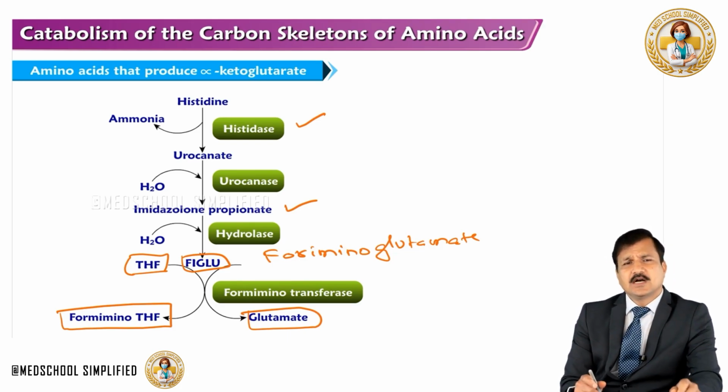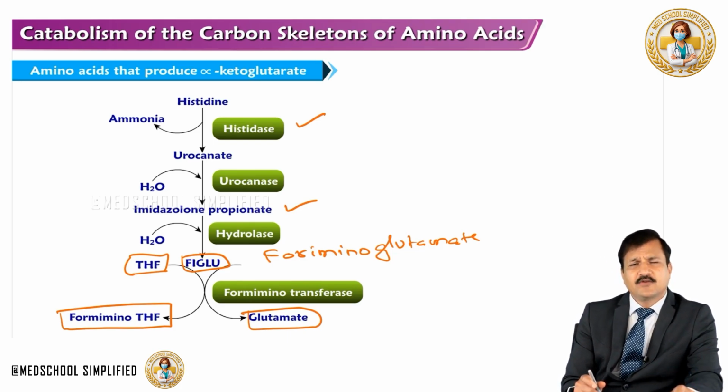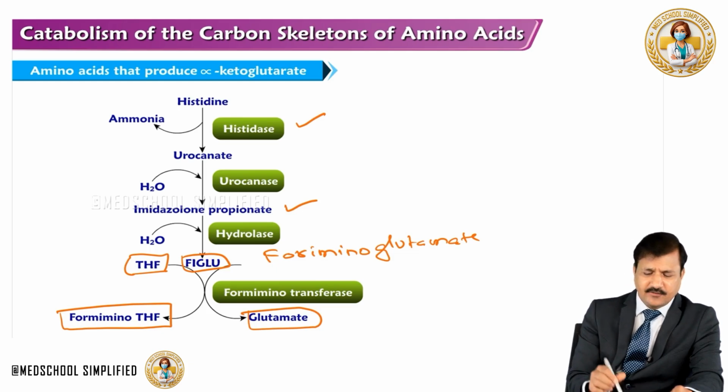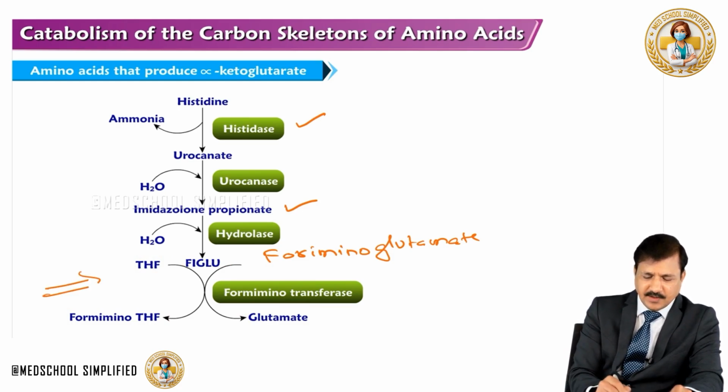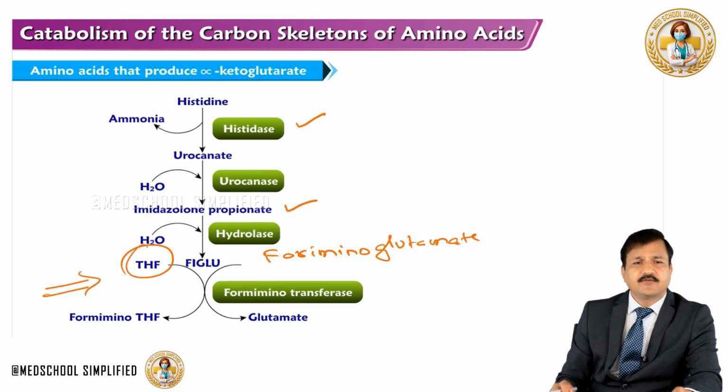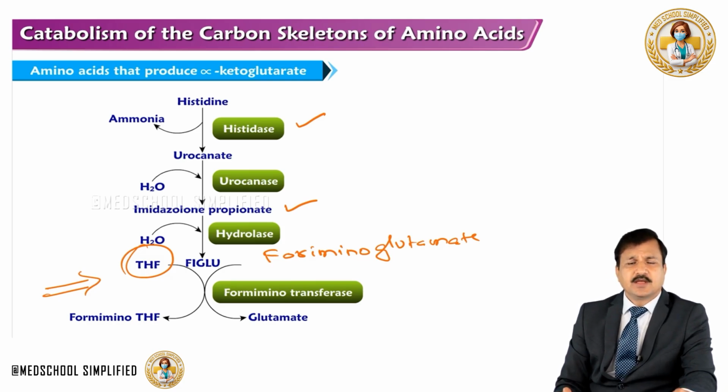Now the thing is, the conversion of FIGLU needs tetrahydrofolate. That's the point here. Pay special attention to this reaction. There is a requirement of tetrahydrofolate in the conversion of FIGLU to glutamate.